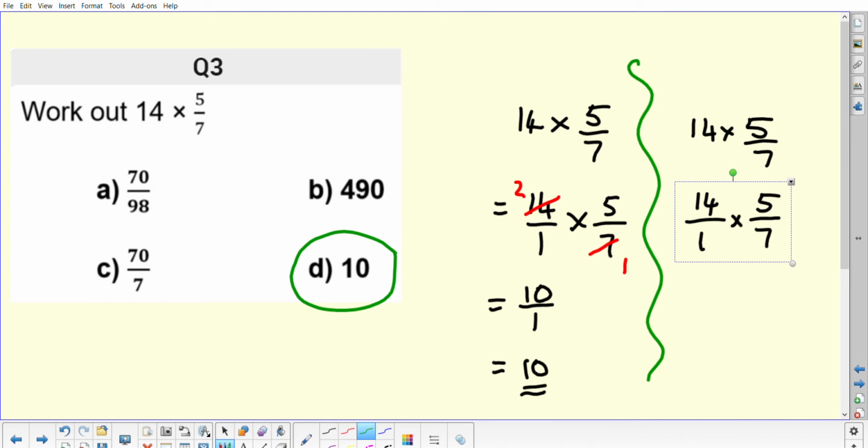You would then be trying to do 5 times 14 on the top, which would have given you 70, and then 1 times 7 on the bottom, and you are still having to simplify at this point, so you would be dividing by 7, which would get you to 10/1, which then needs to be written finally as the answer of 10. It's a bit shorter if you can try and spot making it simpler before you do the multiplying if possible.